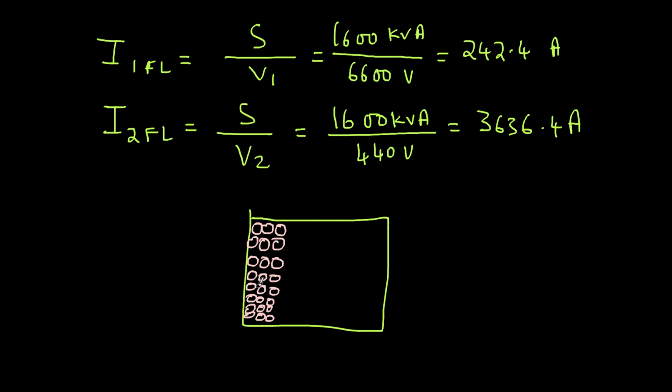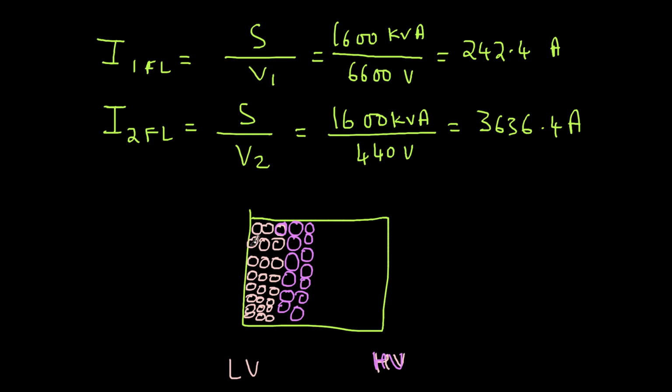For simplicity's sake, let's say this side is low voltage and this side is high voltage. The current carried in the low voltage side is larger, 3636 amperes. Through this wire that much current has to flow, so obviously we'll use a wire with a thicker cross-sectional area.